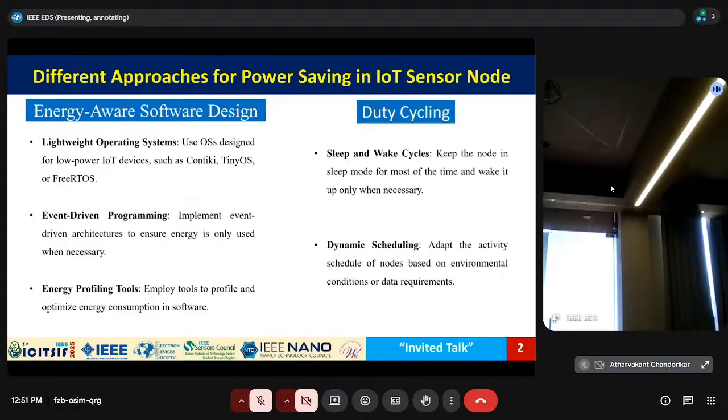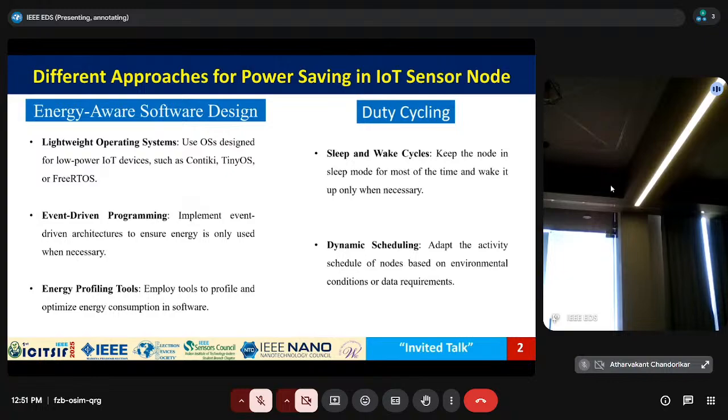Certain things we can do at the software level also for power optimization. At the software level we can use lightweight operating systems for controlling the different applications running on the microcontroller, like TinyOS and FreeRTOS, if you are running multiple programs simultaneously. Then instead of continuous polling, we can do interrupt driven programming so that power is consumed only at interrupt time.